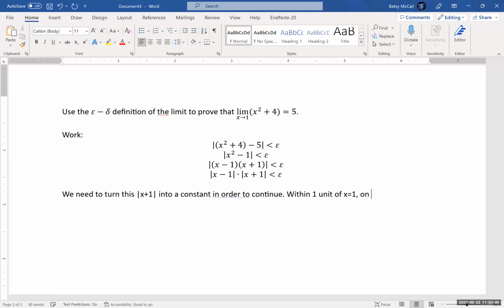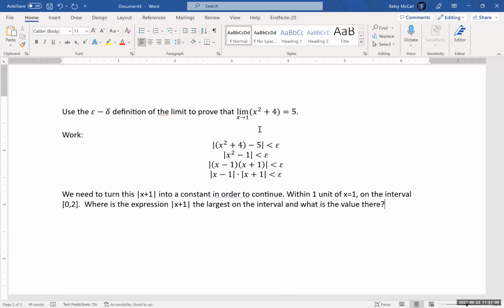So we're on the interval 0, 2. So where is the expression x plus 1 the largest on this interval? And what is the value there?